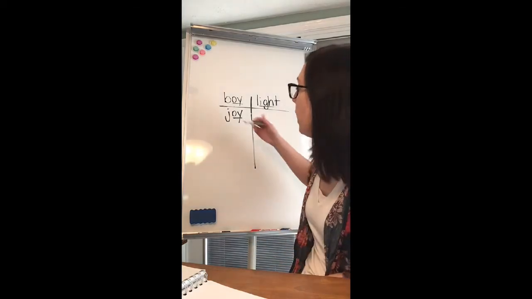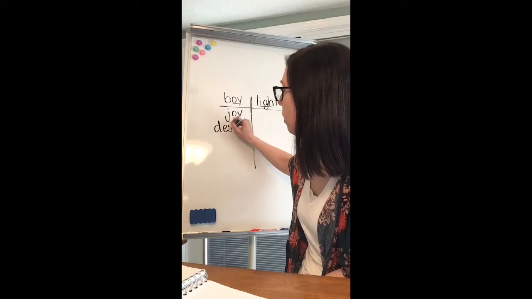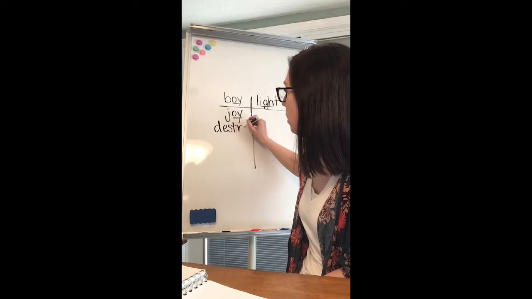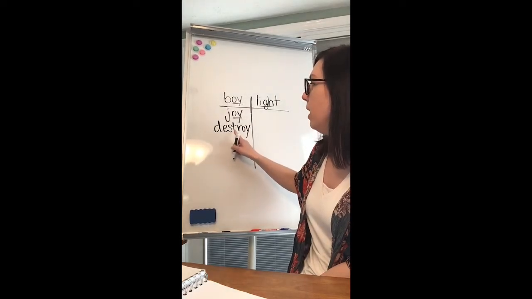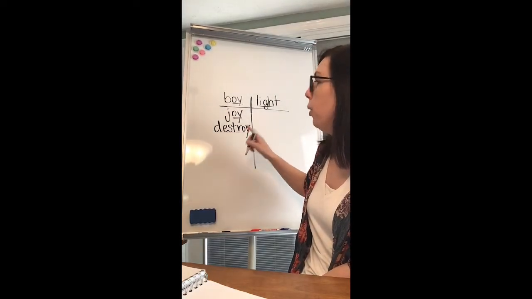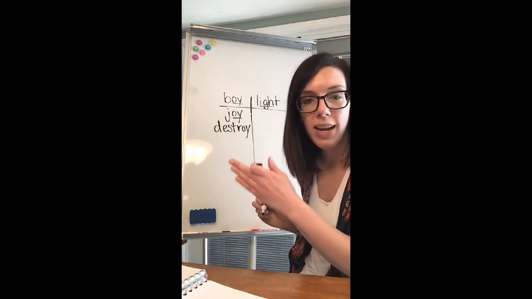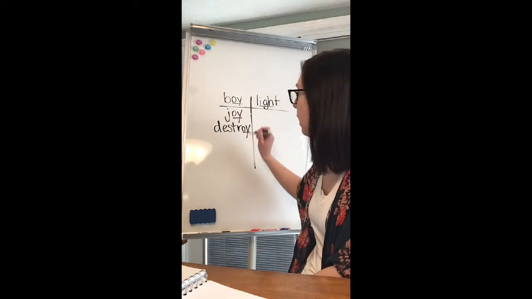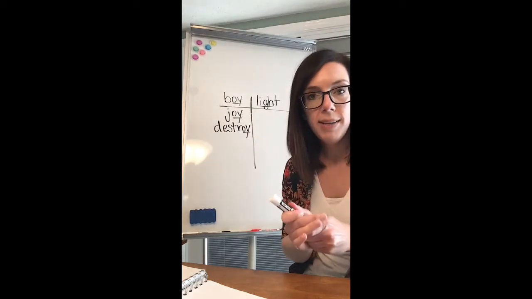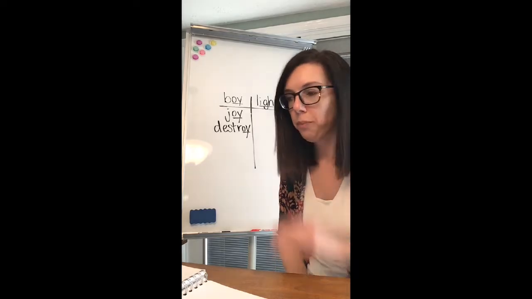So we're going to write, this one's a little bit longer, destroy, D-E-S-T-R-O-Y. You're going to write that word in that column because it has that same O-Y sound. And then we're going to go back and underline where it makes that oi sound. So make sure you write that, and then we'll go on to another word.